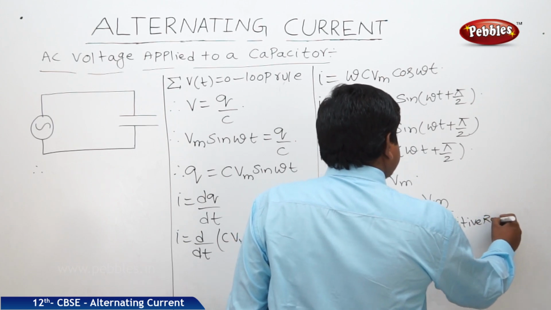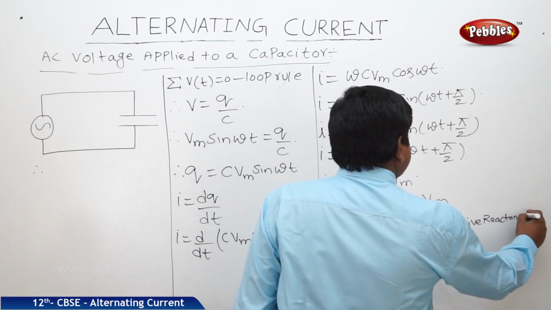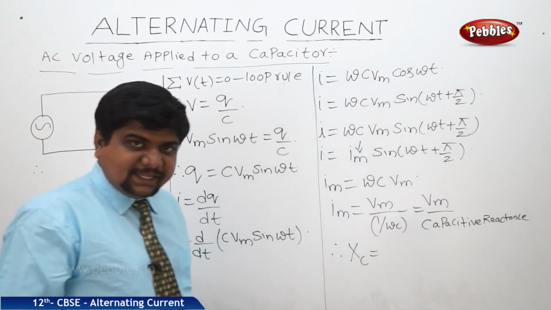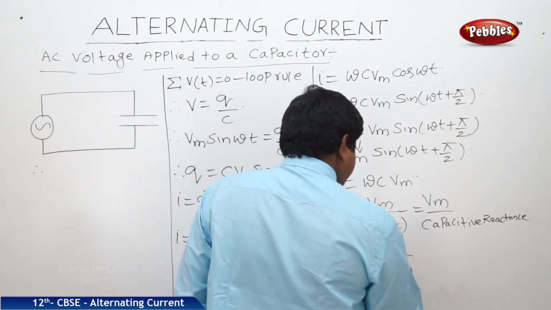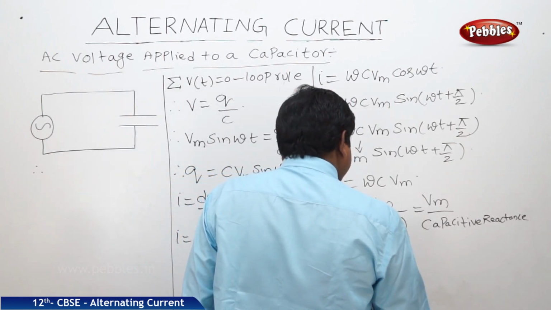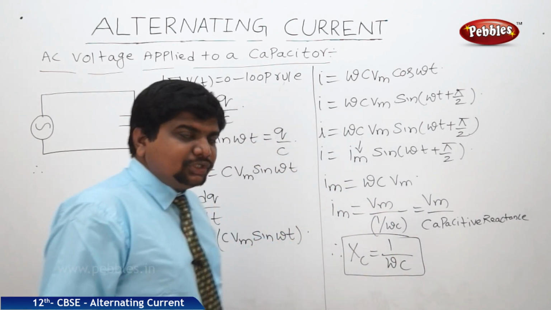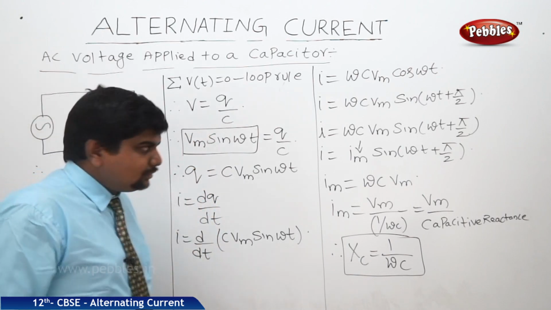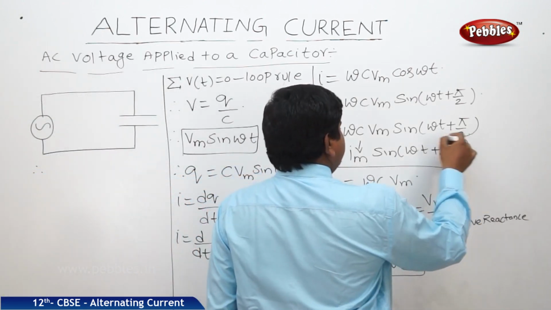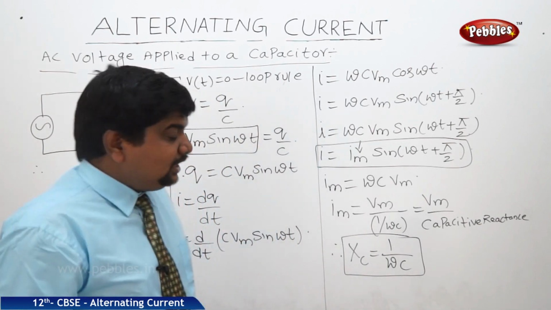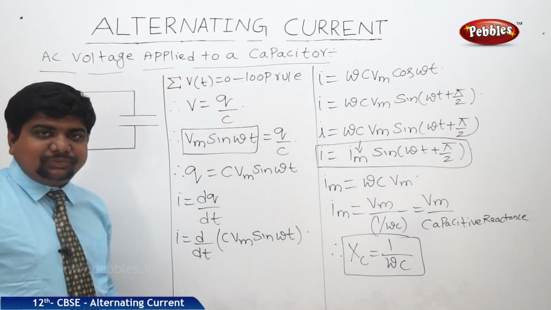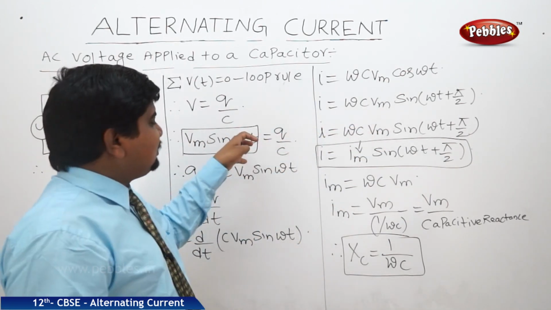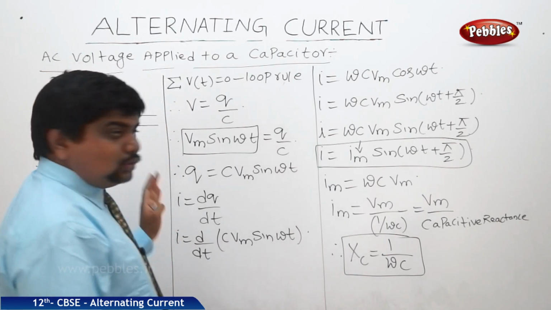The symbol of capacitive reactance is XC is equal to 1 by omega C. One important thing we should note is we got V is equal to Vm sin omega t, but I is equal to Im sin omega t plus pi by 2. Here, voltage lags by pi by 2 with respect to the current. That means current leads by pi by 2 with respect to the AC voltage through capacitors.